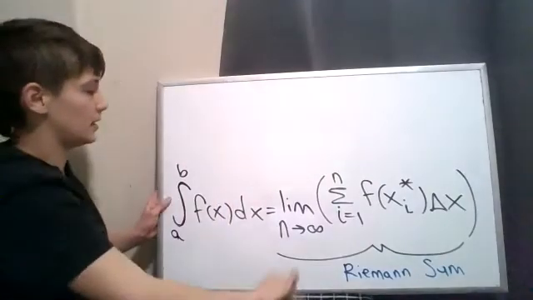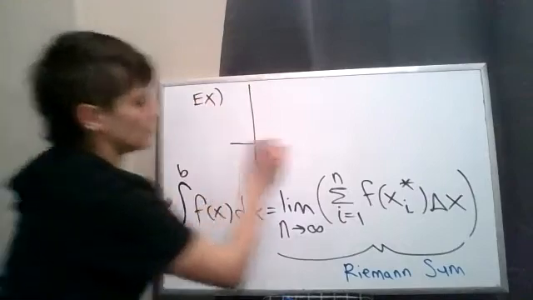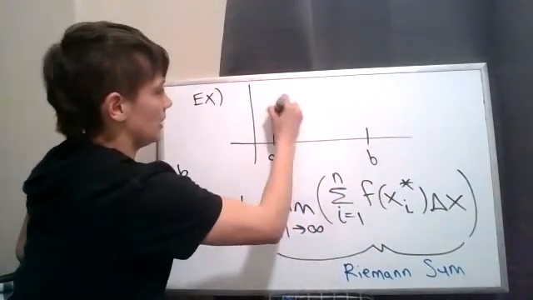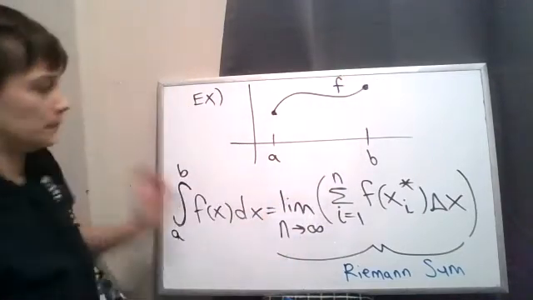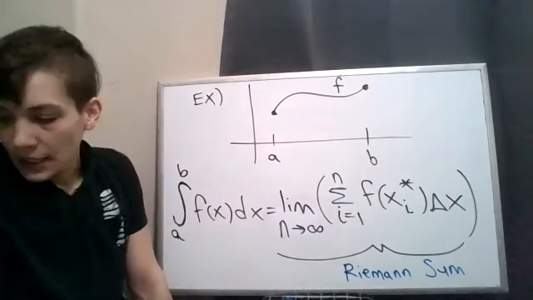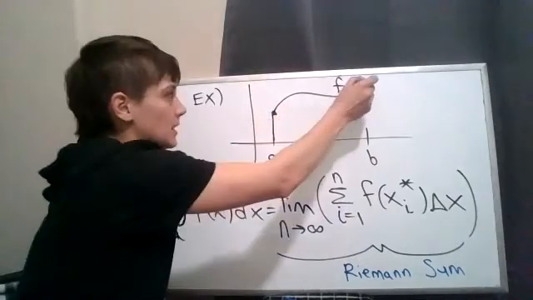I like to draw a to b, a function f. And then the integral from a to b is the area under the curve from f to the x-axis.